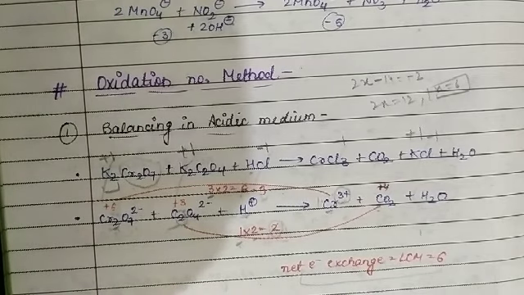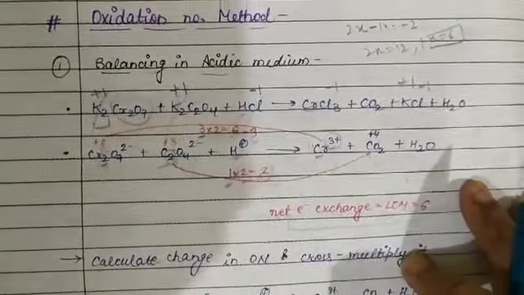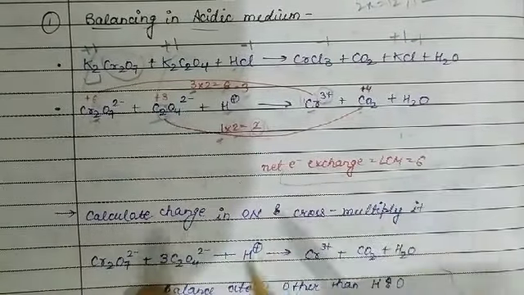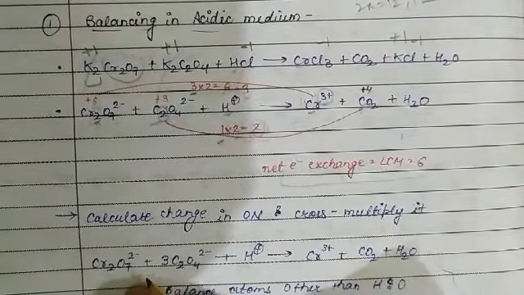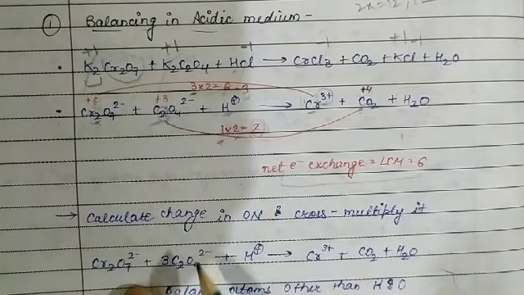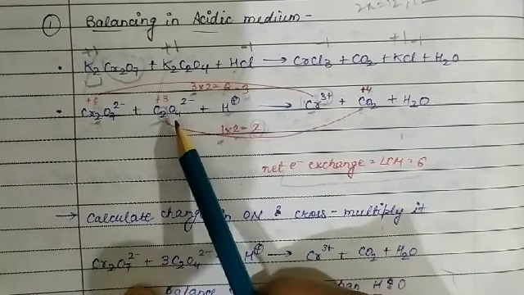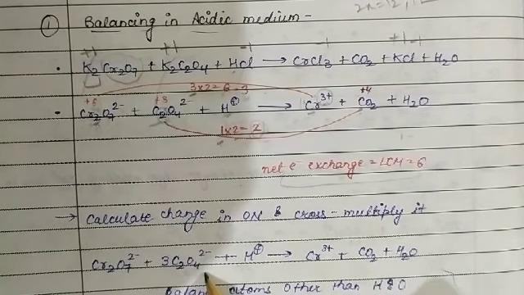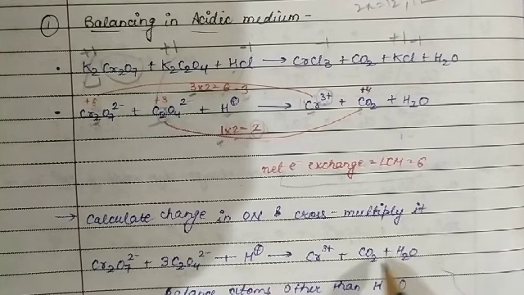So we have cross multiplied the changes, and this is Cr2O7 2 minus plus 3C2O4 2 minus, while the rest remain as they are.